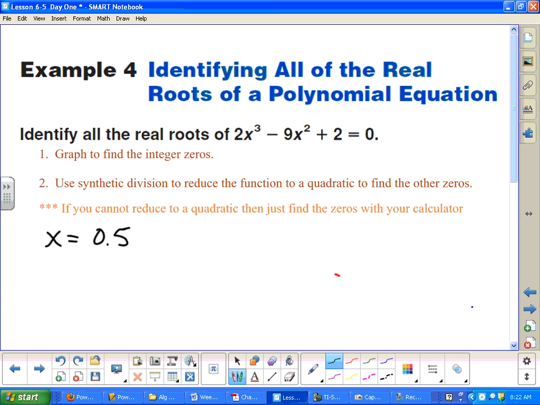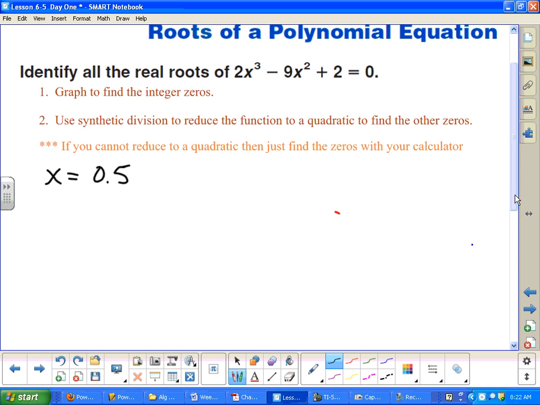So we can use that positive 0.5 with synthetic division to reduce this cubic function to a quadratic, because we know 1 zero, so there's 2 left, right? Since there's 2 left, that means it would be a quadratic. I can reduce it to a quadratic where, if I can't factor, I can use the quadratic formula to find the other two zeros.